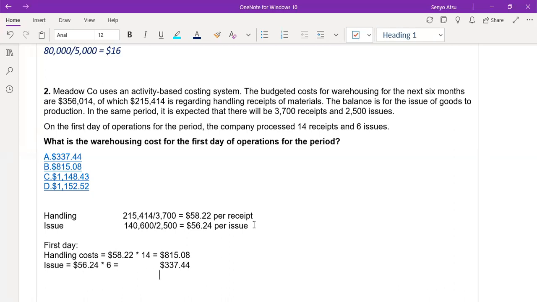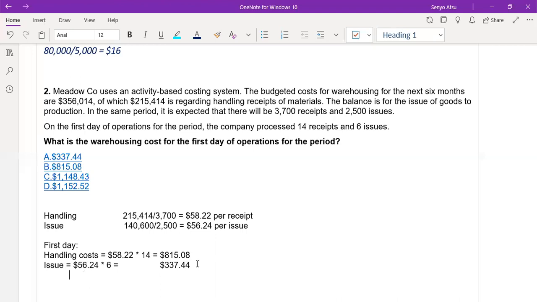Answer A deals with only handling costs in warehousing, so it's incorrect. The question is about the warehousing cost. Answer B deals with only the issue cost, so it's incorrect. The requirement is the warehousing cost, which is made up of both handling and issue.